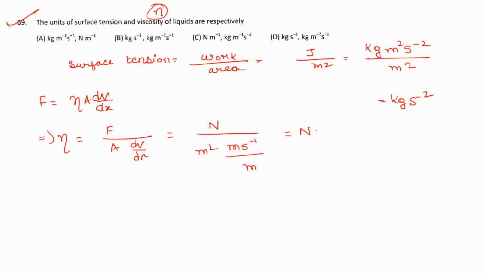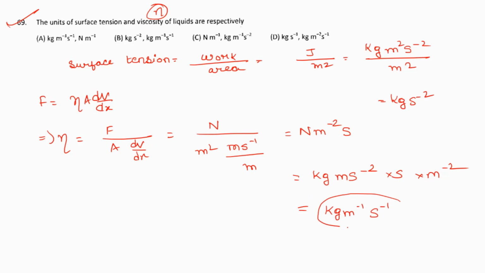So that turns out to be N m minus 2 s. Now I am just replacing the unit of Newton with its SI units. It is kg m s minus 2 into s, and this m minus 2. So my final unit is kg m inverse s inverse.